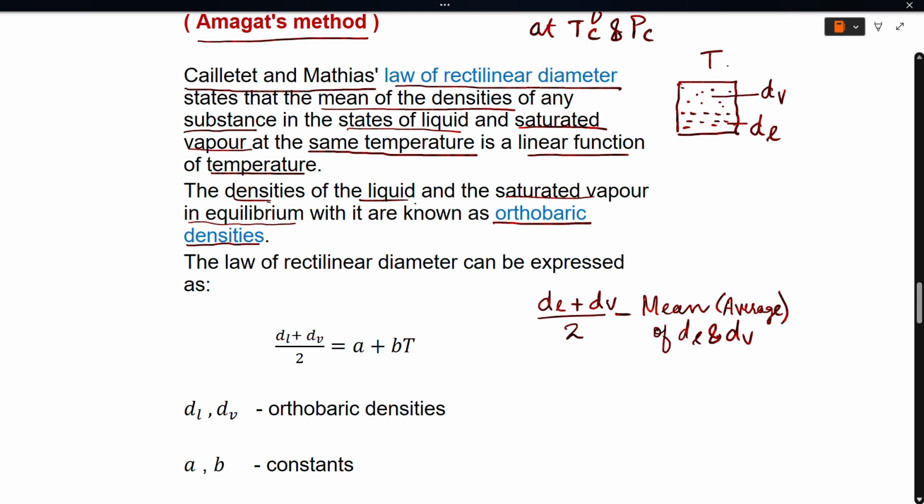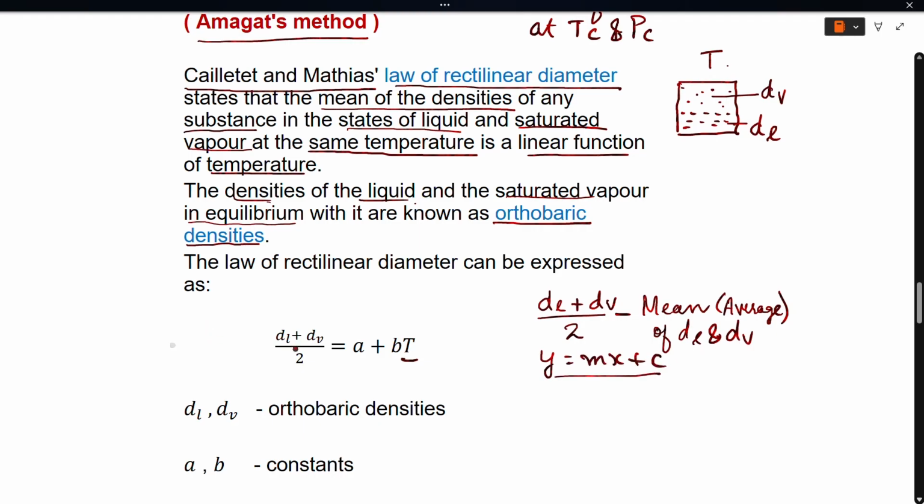So, this value is a linear function of temperature, where T stands for the absolute temperature. We know that for a linear equation, y is equal to mx plus c, which shows that it is a straight line.